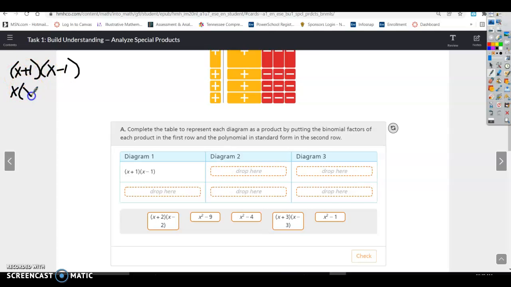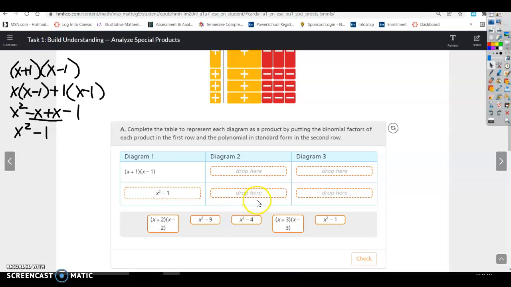We get x times x minus 1, plus 1 times x minus 1. x times x is x squared, x times negative 1 is negative x, 1 times x is plus x, and 1 times negative 1 is negative 1. You can see that these terms cancel, and we bring down the negative 1. So diagram 1 represents x squared minus 1.